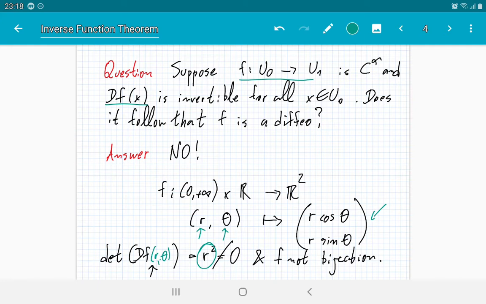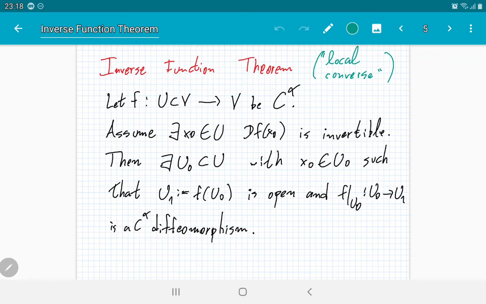Okay, what's the inverse function theorem? The inverse function theorem gives us a kind of local converse. We've seen that if I have a C alpha function that is a bijection, then its derivative must be invertible at a point. Now suppose that I have a function that's C alpha, and it has invertible derivative at one point. Here's what this theorem says.